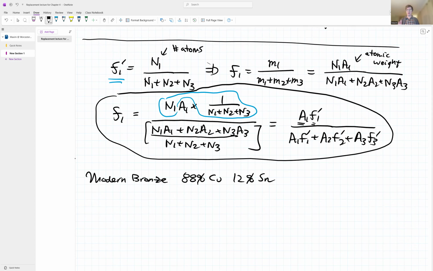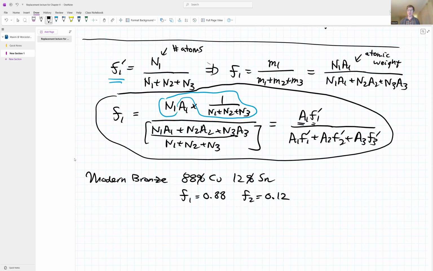So these would be your F1 for copper. Again, it's by weight, these percentages. So by weight, F1 is 0.88 and F2 is 0.12.